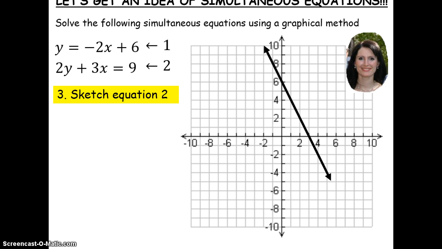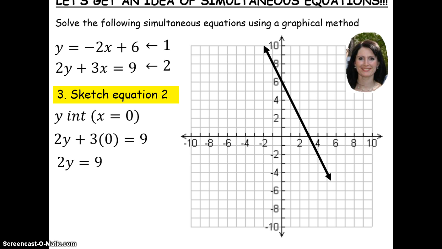Let's now sketch equation 2. This is not in the form y equals mx plus c. I'm going to use the intercept method. The y-intercept is when x equals 0. So 2y plus 3 times 0 equals 9. 2y equals 9 and y equals 9 over 2. So we have a point at 0, 9 over 2, or 0, 4.5.